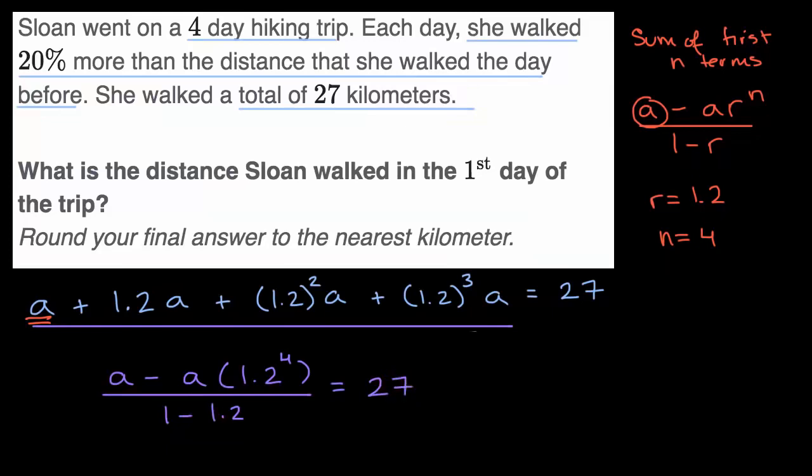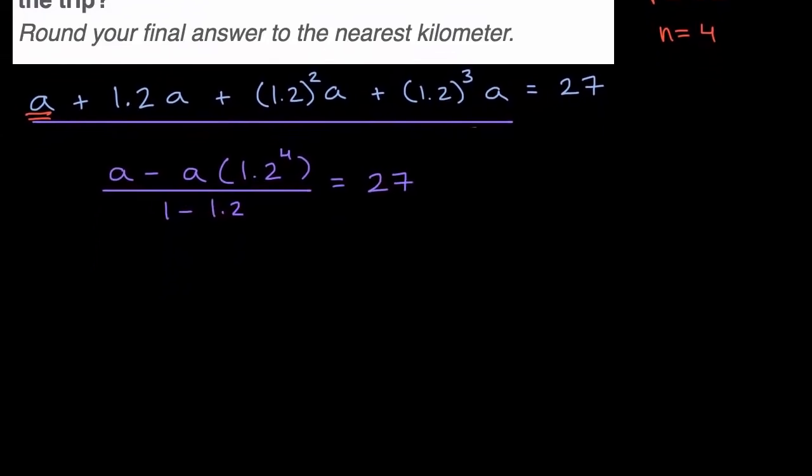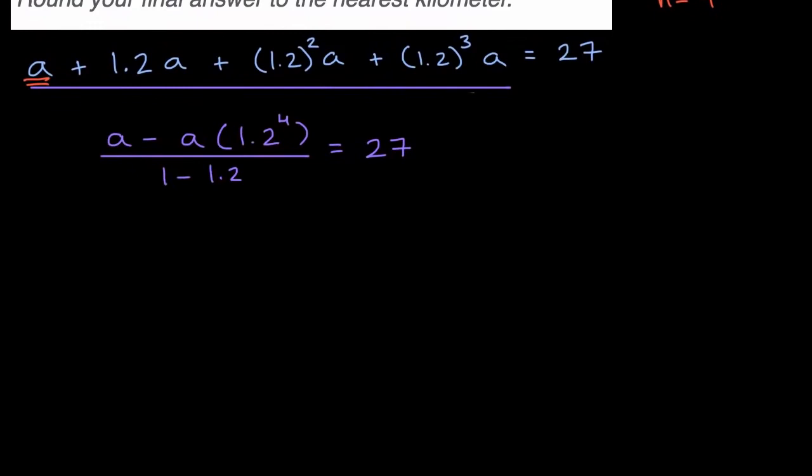Let me scroll down a little bit so we have some more space to then solve this. And so let's see, I can simplify this a little bit. This is going to be equal to negative 0.2. Our numerator, we can factor out an A. And so this is going to be equal to A times 1 minus 1.2 to the fourth power.